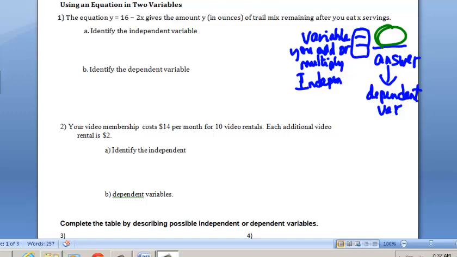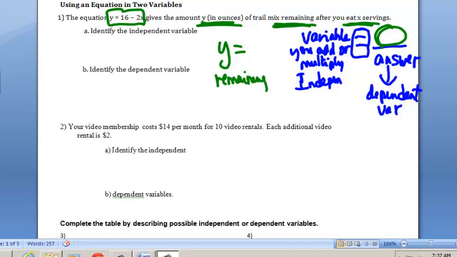For example, in this, we have the equation y equals 16 minus 2x, and it gives the amount y in ounces of a trail mix that is left over or remaining after you eat x servings. So what depends on what? Your y depends on how much you eat. Remaining depends on how much you eat.